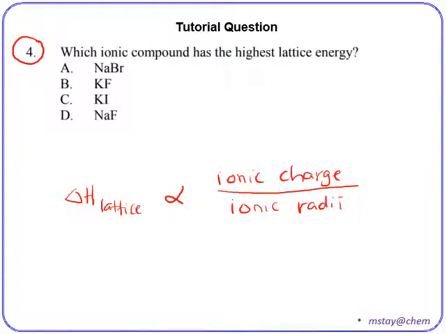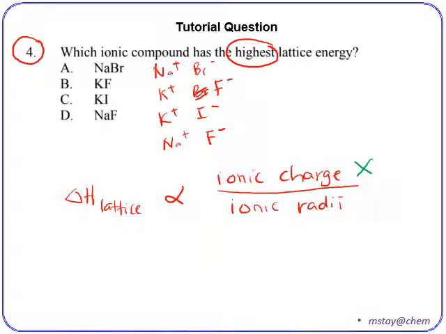This question asks us to determine the highest lattice energy among Na plus Br negative, K plus F negative, K plus I negative, and Na plus F negative. When we look at here, all have a positive one charge and a negative one charge. So the factor we are going to consider in this question is not ionic charge, but the ionic radii.